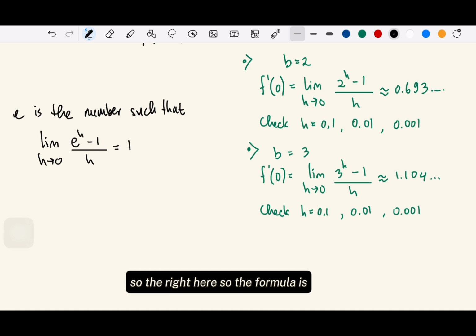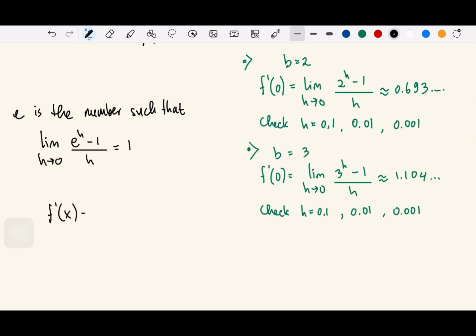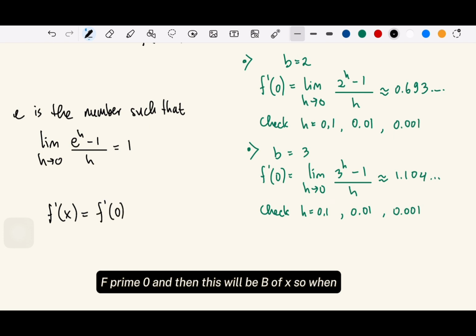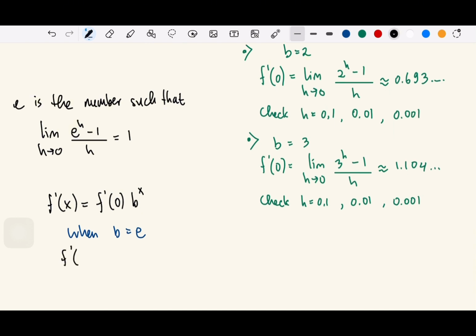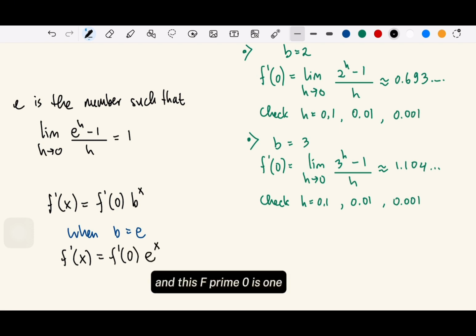So we're right here. The formula is f prime 0, and then this will be b to the power of x. Okay? So when b equals e, then this f prime 0 is 1.